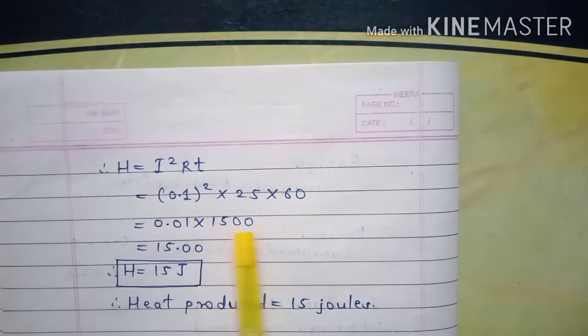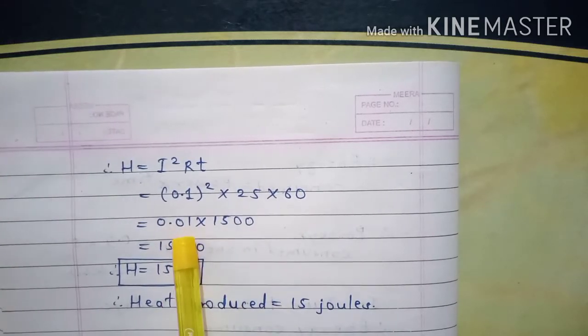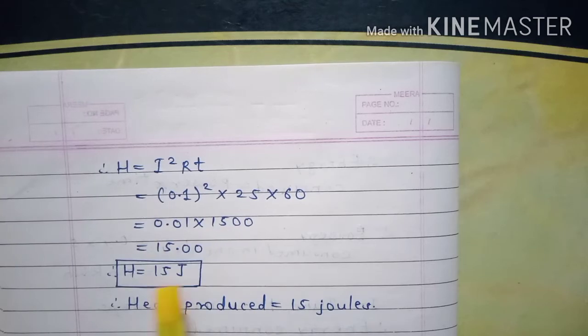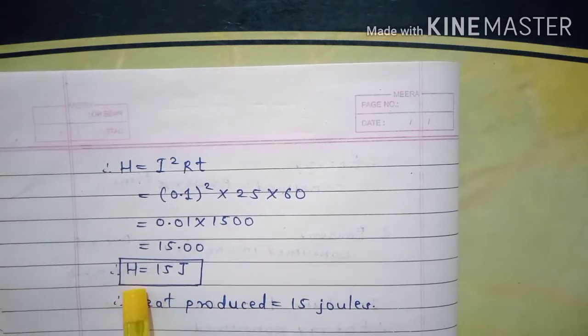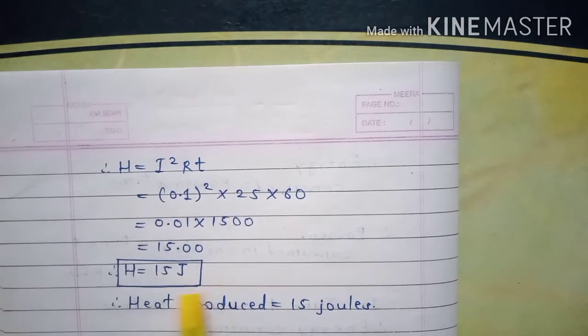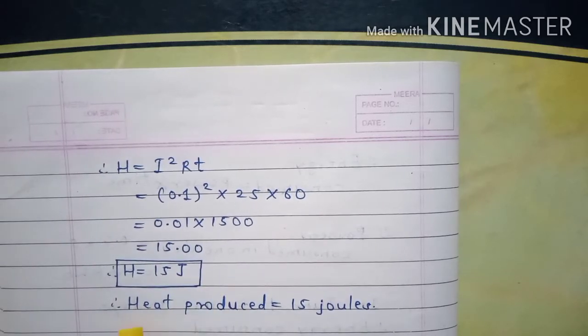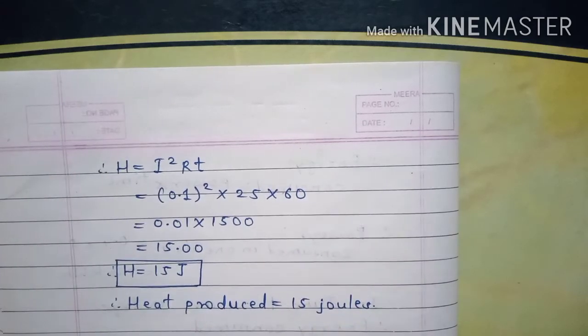Now this 1500 will be multiplied by 0.01. So it will be 15. That is H, the heat produced, H is equal to 15 joule. So therefore we will write in words also, heat produced is equal to 15 joules.